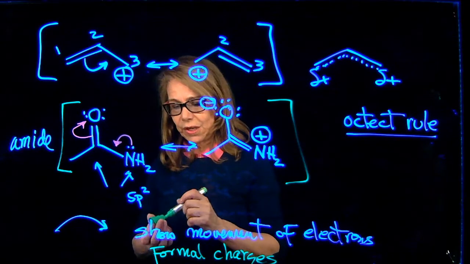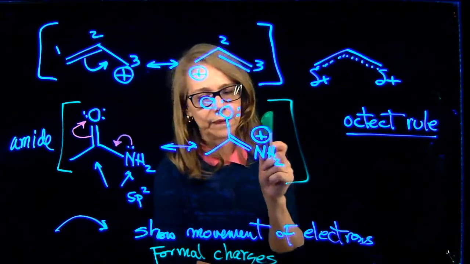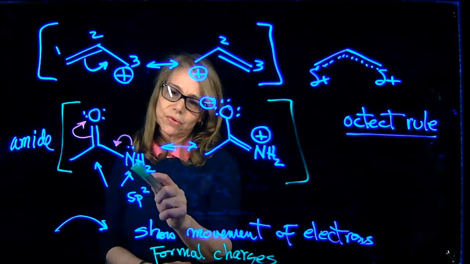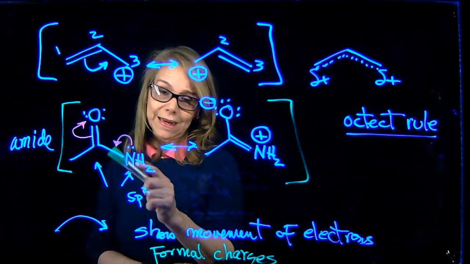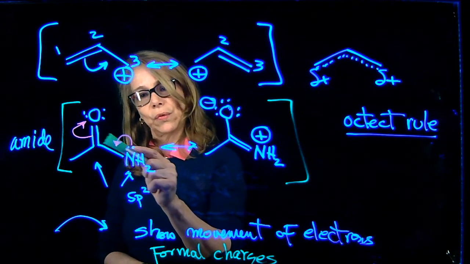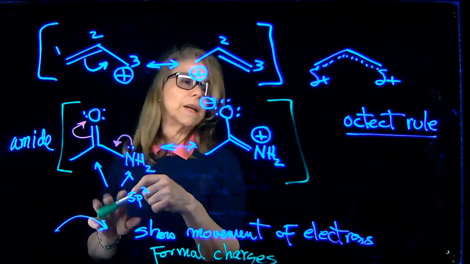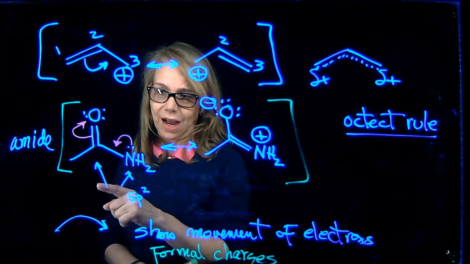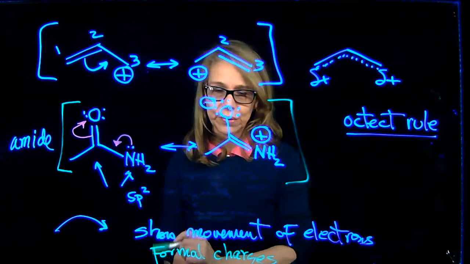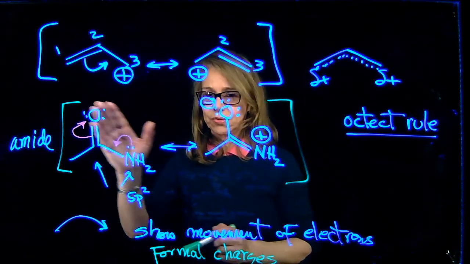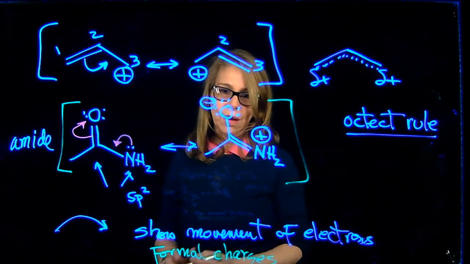What I did here is notice that I had to assign the sp2 hybridization to the nitrogen. I then moved electrons in the p orbital over to make a double bond here, but because I cannot break the octet rule, I had to draw a second arrow, moving the charge over to the oxygen. And then the sum of the charges is equal to the charge in the original molecule.